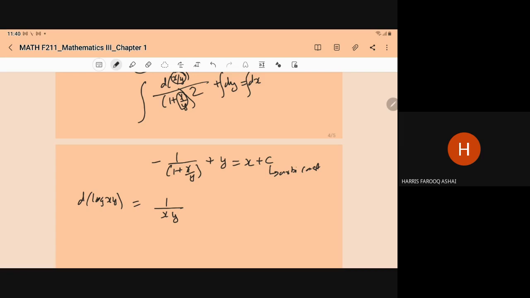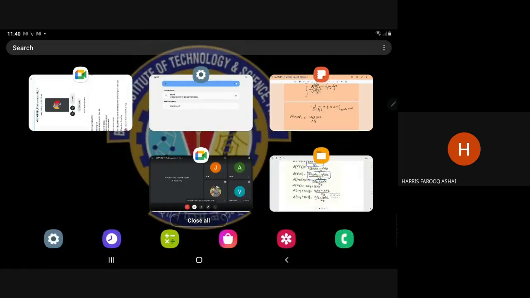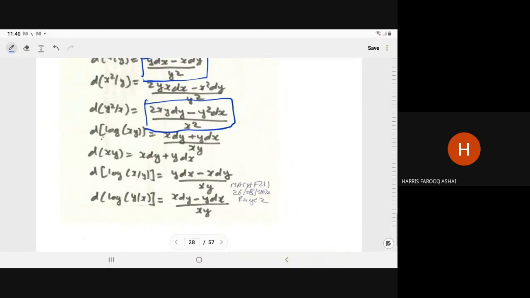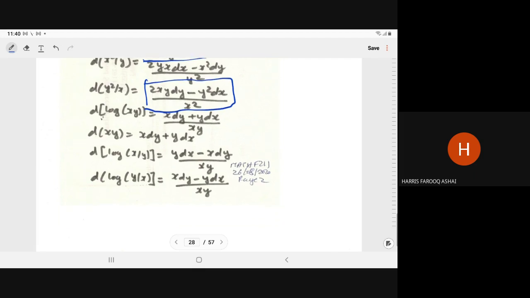and the derivative of xy is x dy plus y dx. So if we have this type of thing, directly you can write it as d of log of xy, right? Similarly, d of xy is x dy plus y dx.